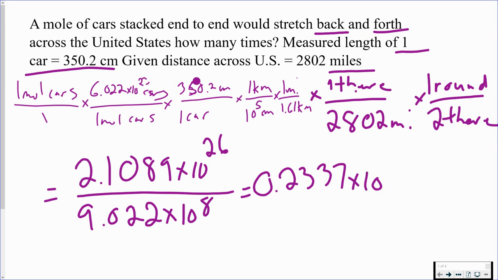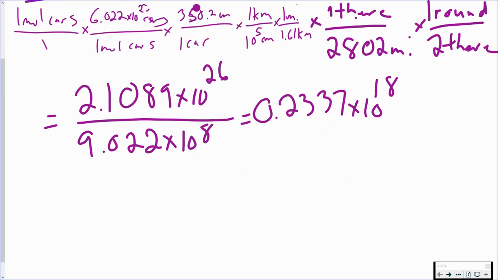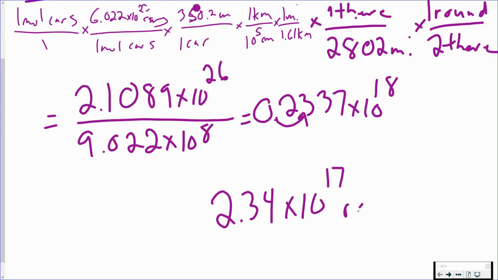Now, the exponent here, you subtract 26 minus 8, giving you 18. Now we need to get our final answer. In order to get our final answer, we need to put it in scientific notation and round to 3 sig figs. That's going to give us 2.34 times 10 to the 17th. And that would be round trips or there and backs.